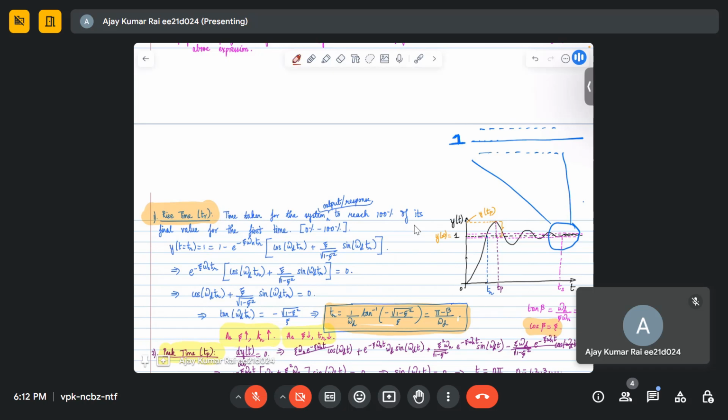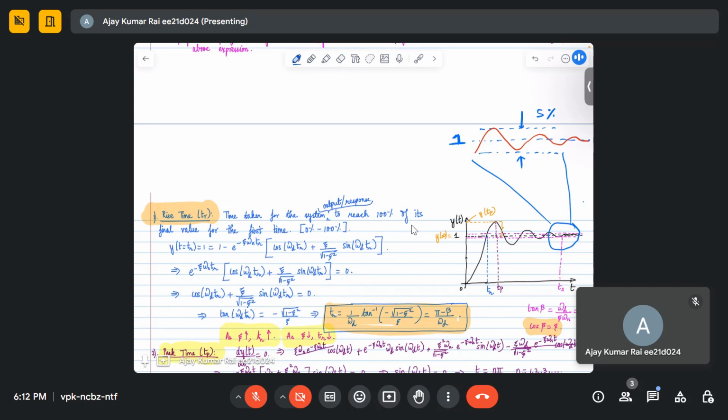What is happening? Your output is like this. It will decrease. I will just show this. It will be achieving this one value. So this is the 5% band. Let me do it for 5%; you can do it for the 2% also. So this is the 5% band, right?